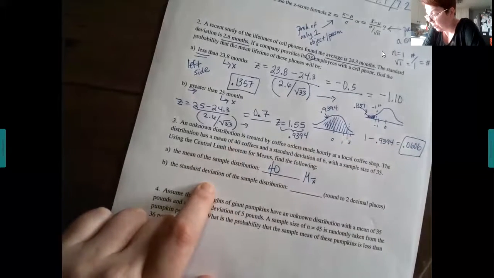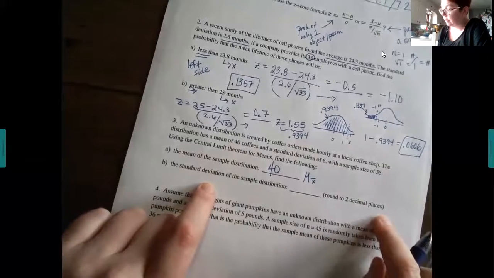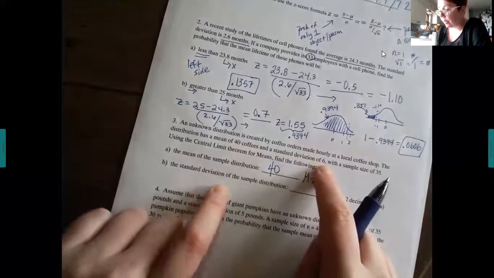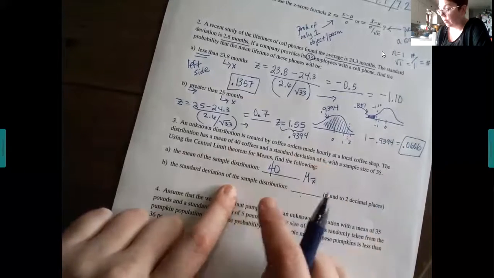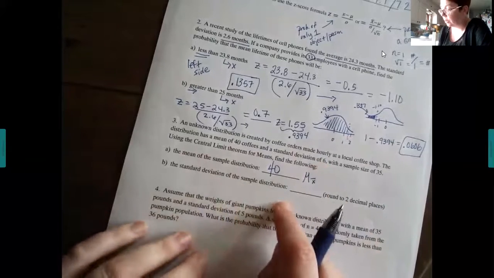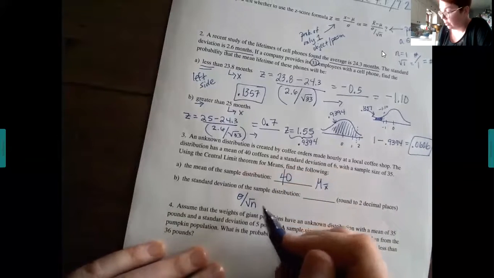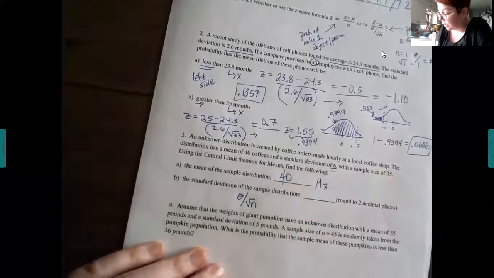This is the standard deviation, round to 2 decimal places. So they give us the population standard deviation, but they want the sample one. So this is when we have to take what's given and divide it by the square root of n. So the standard deviation is 6 with a sample size of 35.